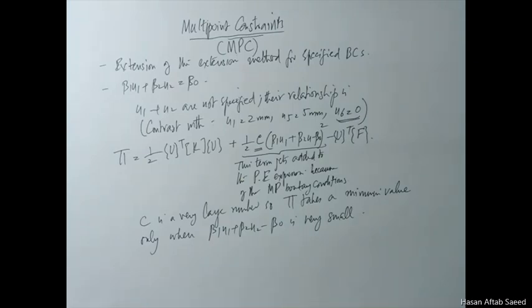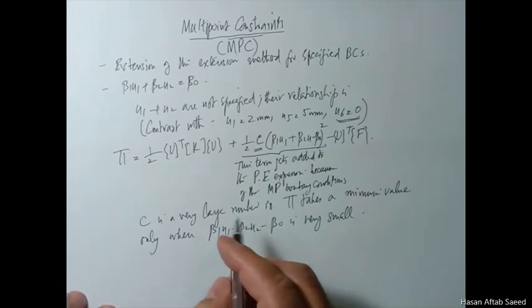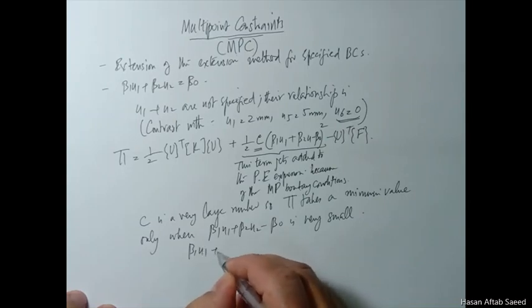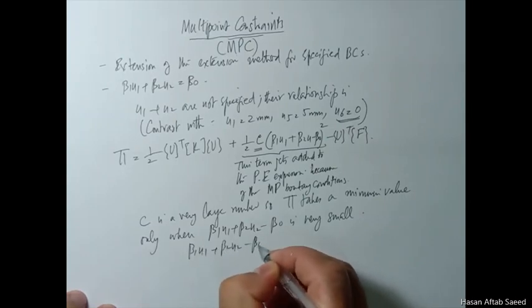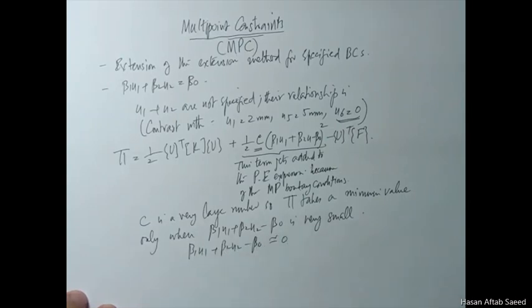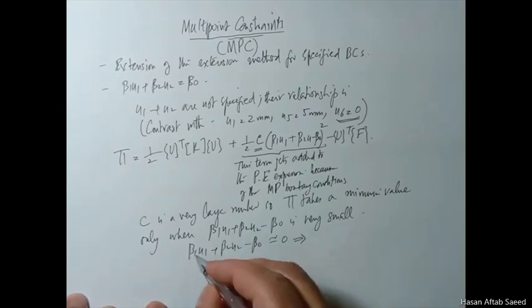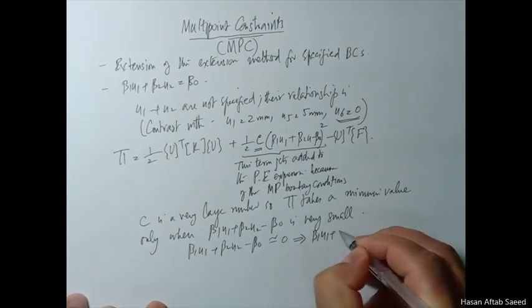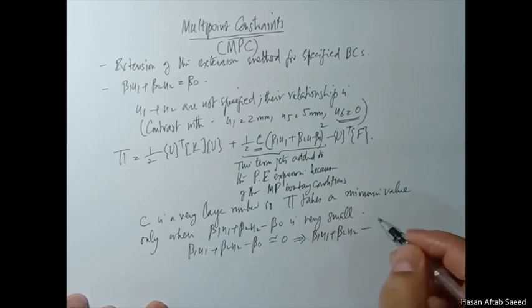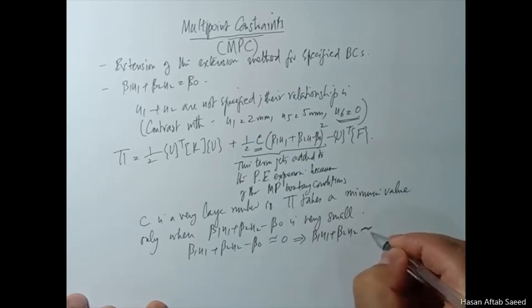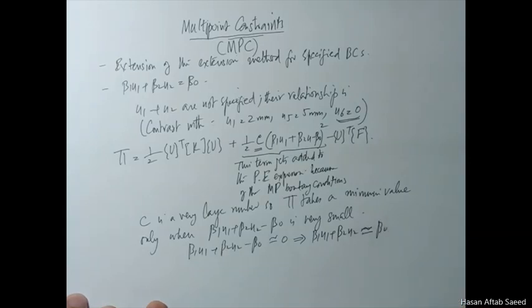In other words, not exactly 0, but very close to 0. That is what being minimum means. And if we rewrite it, if this is minimum, then this means this.